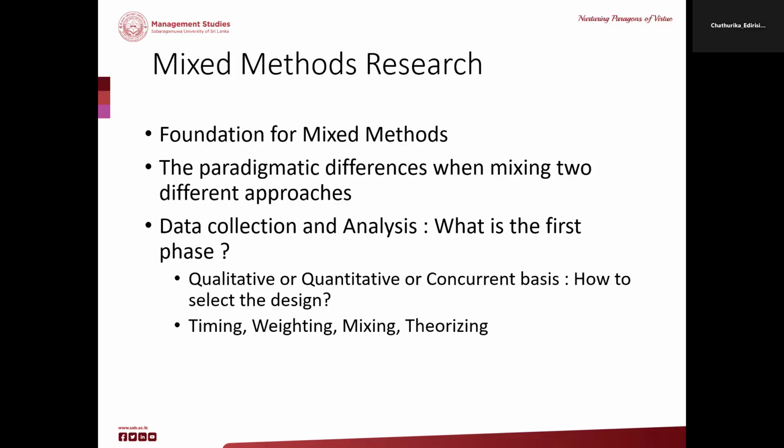Then weighting. What sort of weightage should you give? Whether to provide higher weightage for quantitative, or higher weightage for the qualitative phase. So that is a question. Then mixing. Mixing in the sense of when to mix in the data analysis part.